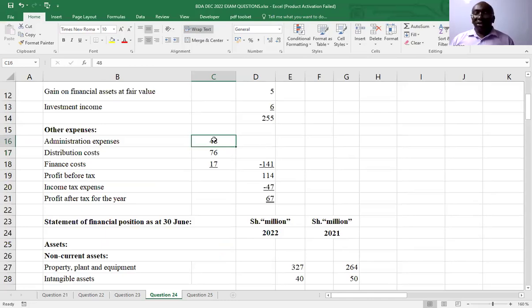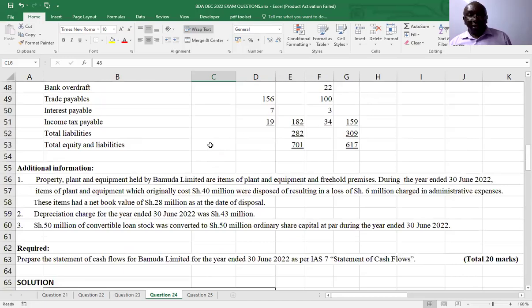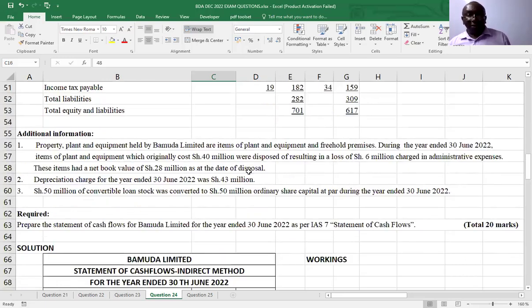For the administration, they are also supposed to be there, but there is a mention in information 1 that says property, plant and equipment held by Bermuda Limited are items of plant and equipment and freehold premises.